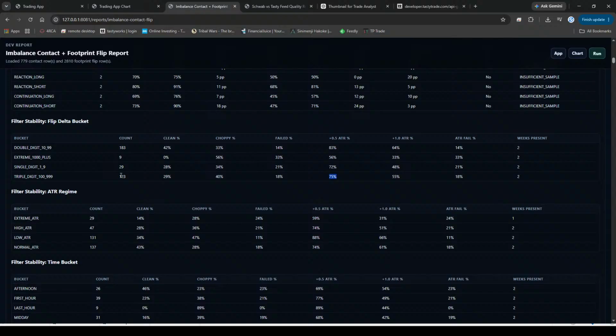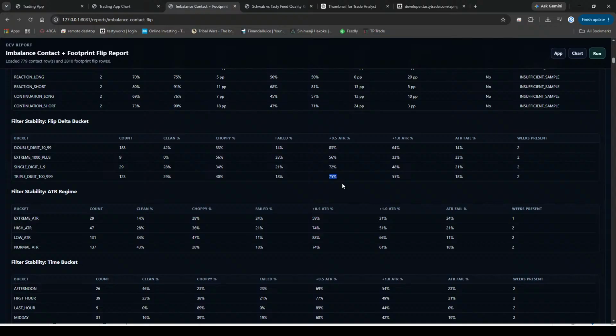So even though this was almost as great as the double digit at the flip, what we're finding is that a double digit flip actually hits my target more often than a triple digit flip. So you think, okay, the bigger the flip number on the delta, the bigger the reaction you're going to get.